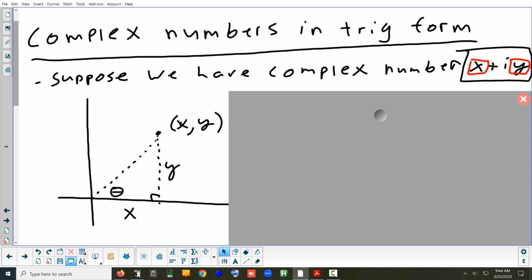I've drawn an example of what a complex number could look like if you graph it and it ended up in quadrant 1. What quadrant it ends up in is not important for what we're doing right here. You can think of the distance you are from the origin.